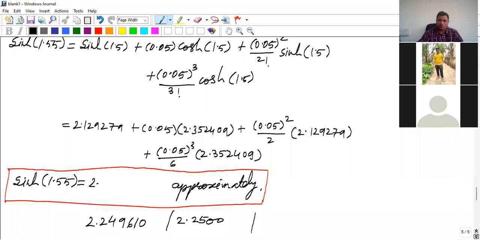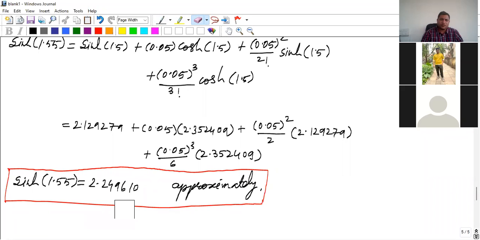Okay, so I am getting the first one. The first one. 2.249610. Sir, should we have to add more decimal places?